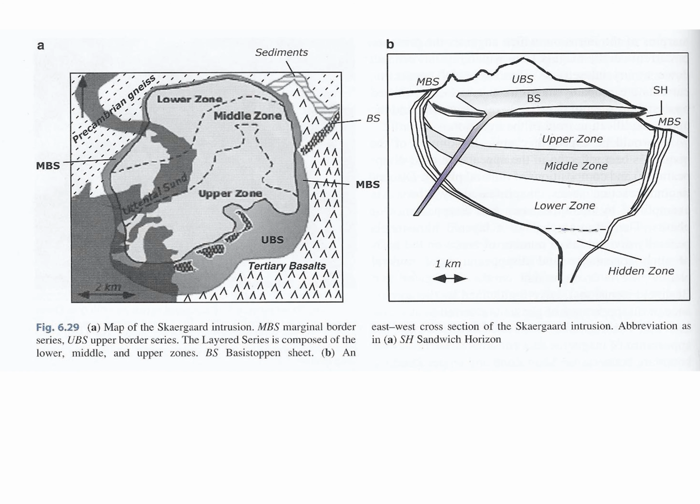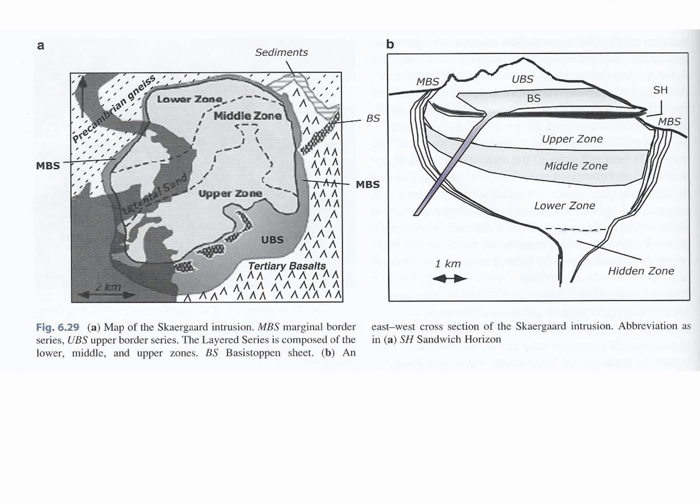Here we have another map here on diagram A. That is the map of the Skaergaard intrusion. MBS, that is the marginal border series. UBS is the upper border series. Where is UBS? Yeah, that is this one here. And here we have the MBS, the marginal border series.